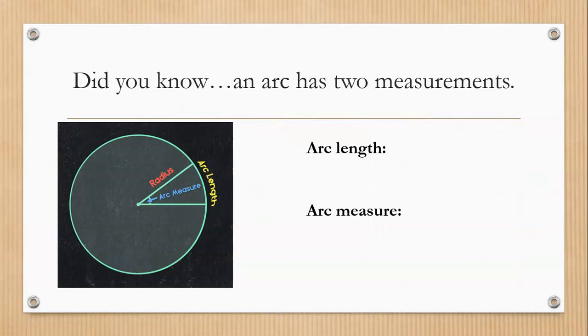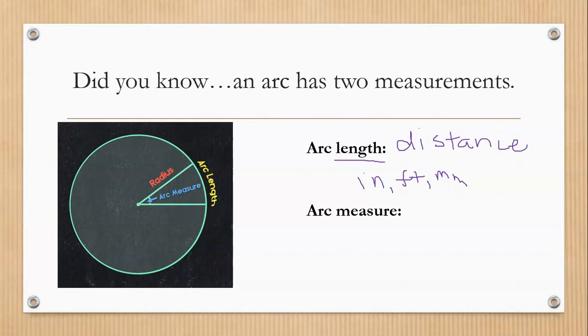So did you know an arc actually has 2 measures? This is kind of strange. It has an arc length. So the length is the distance around that part of the circle that it is. It's a length. So it's going to be measured in things like inches and feet and millimeters. It's part of that circumference of the circle.